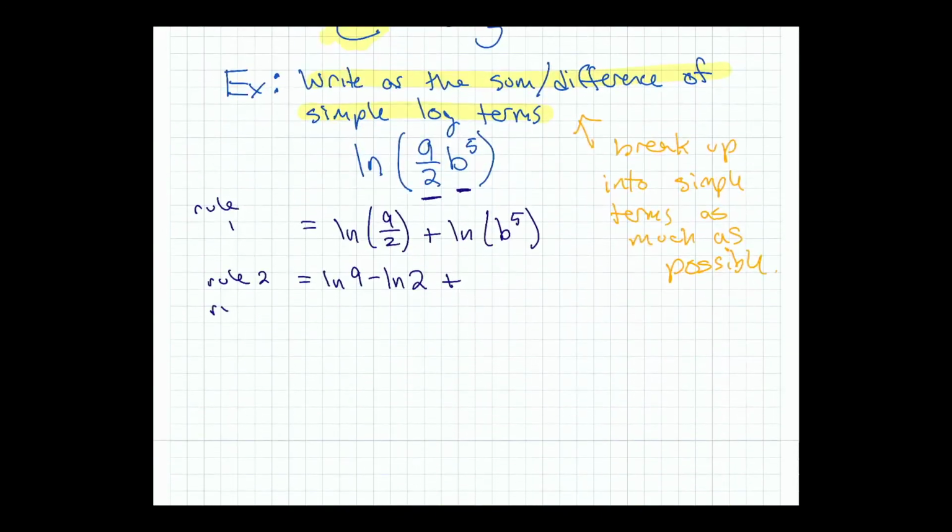So this is going to be also rule 3. There you go. And then if you look and say, well, can I break up stuff anymore? Then the answer is no, you can't. And so this right here is what you would want for your answer. Okay?